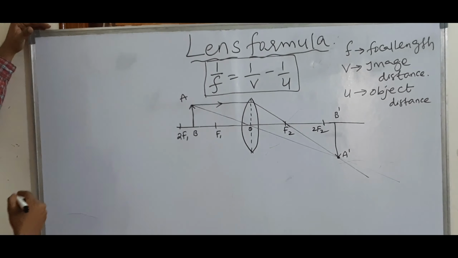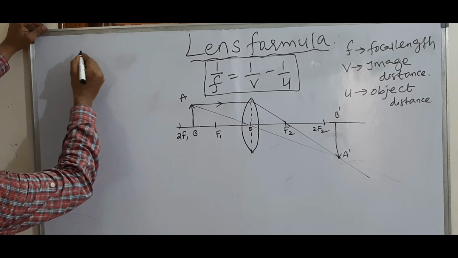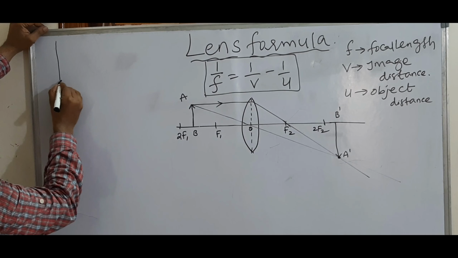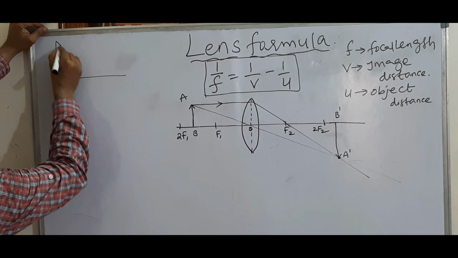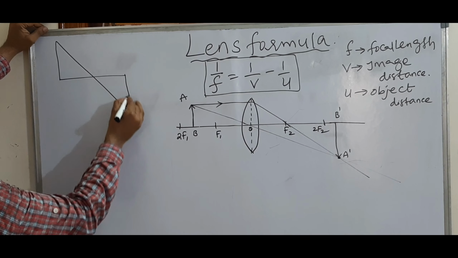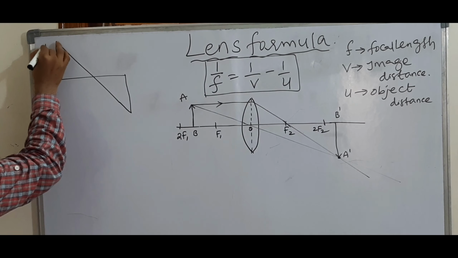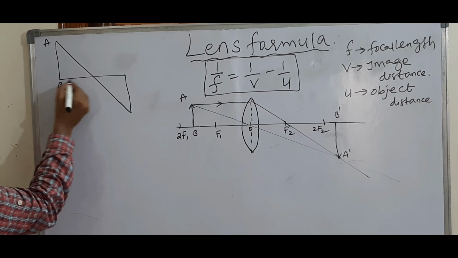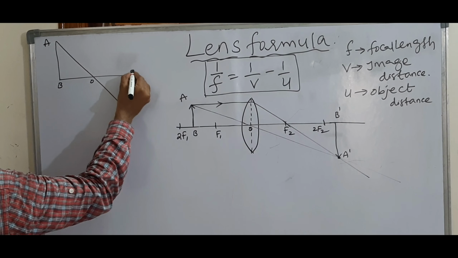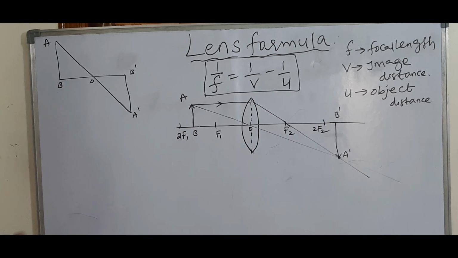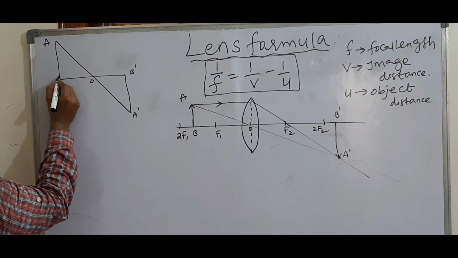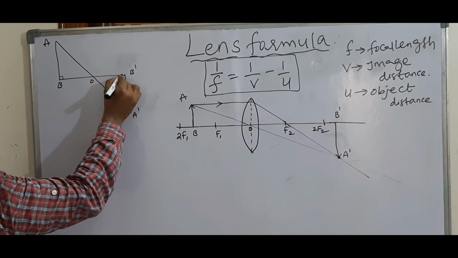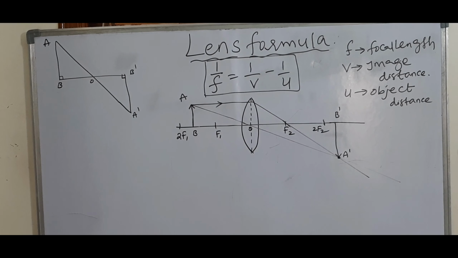Right, here, in order to understand this concept: this is A, B, here point is O, this is B dash, this is A dash. Now this is a right angle triangle, here also, see here, this is a right angle triangle.